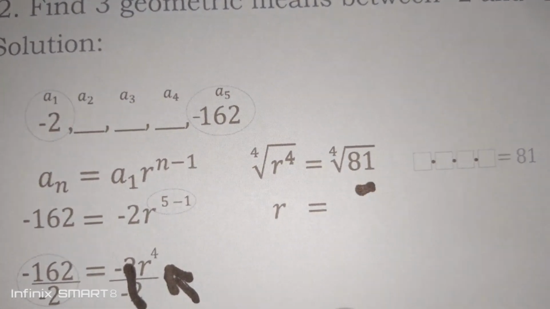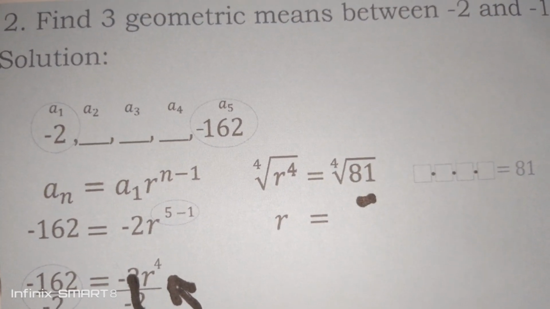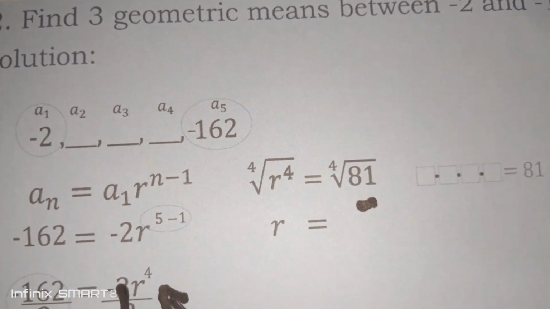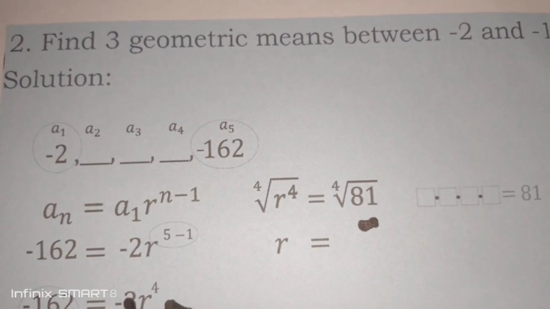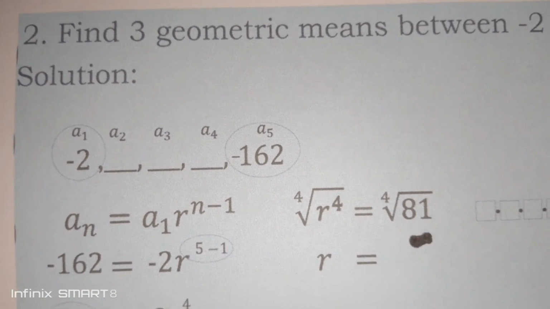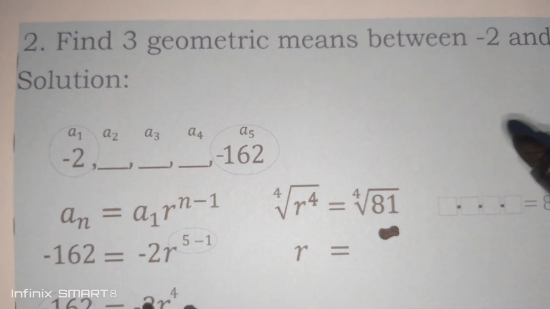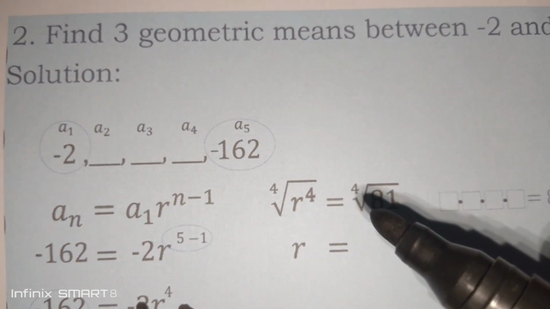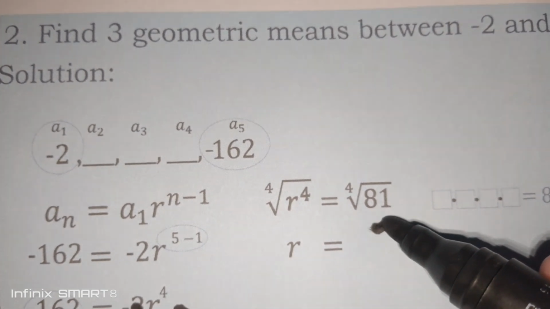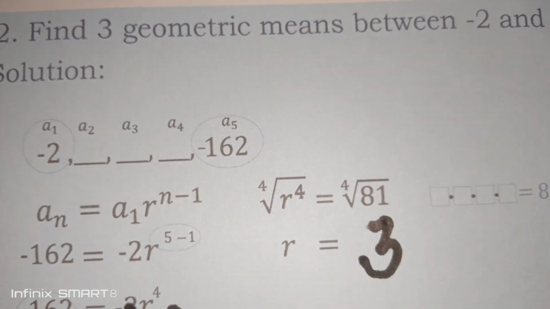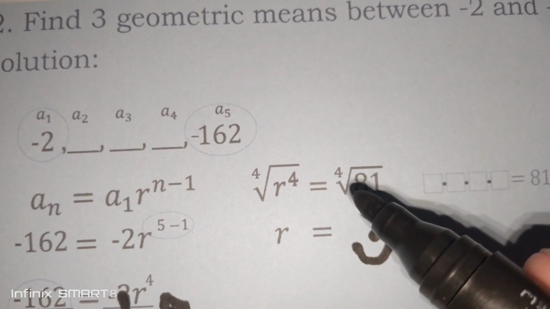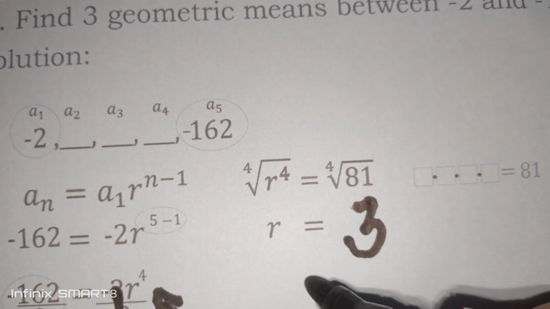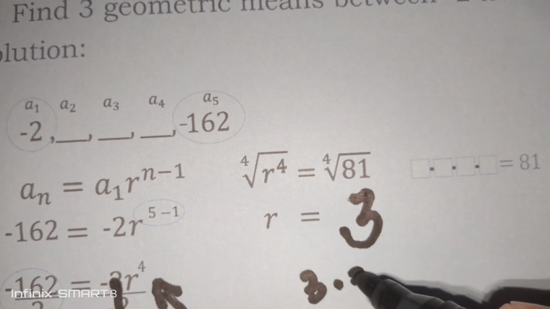But of course, we have the 4 as the power or exponent of r. Then to have the value of r, not the r raised to 4, you need to enclose this into radical symbol using the 4th root. What's the 4th root of 81? Okay, that was 3. So that was your r.